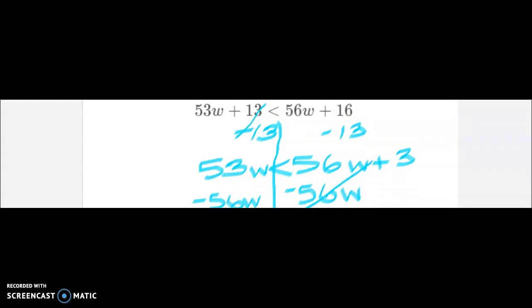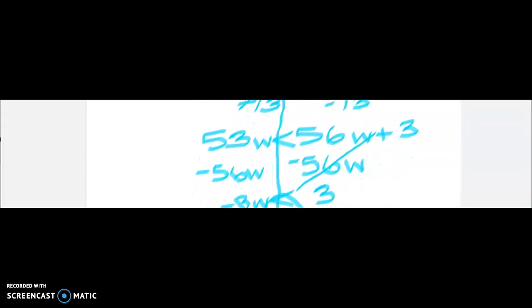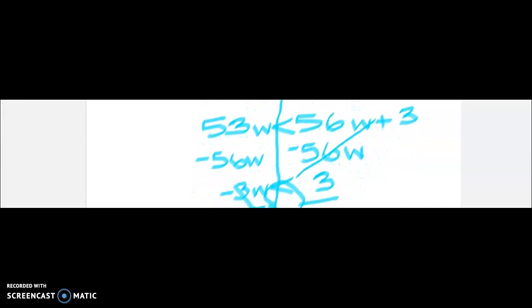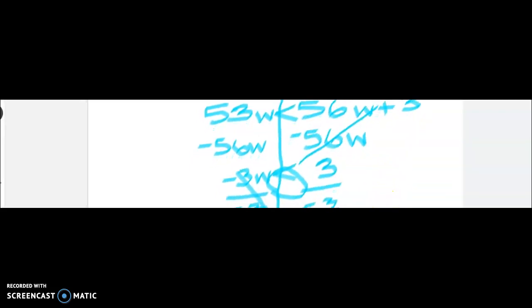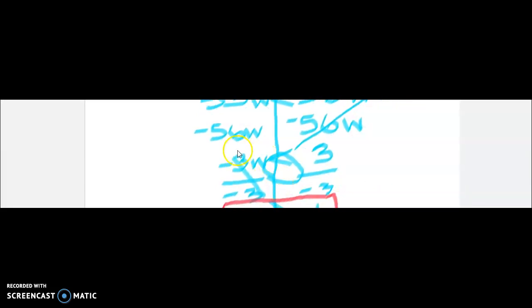So if I simplify now, I'm left with negative 3W on the left is less than 3 because those 56s simplified to be 0. I need to divide by a negative 3 right here, with my W. Remember, that flips my inequality sign anytime I multiply or divide by a negative number.